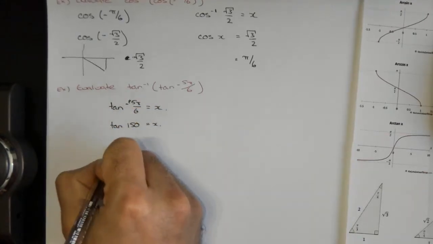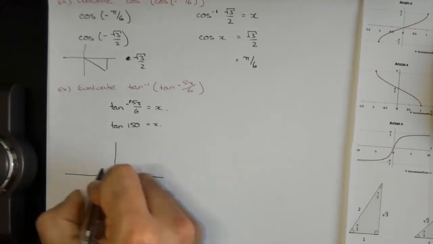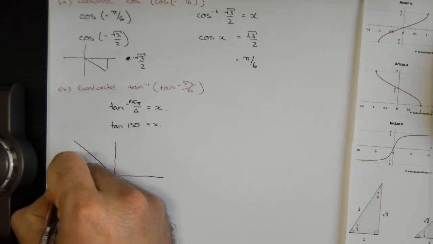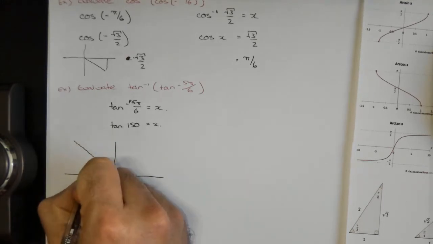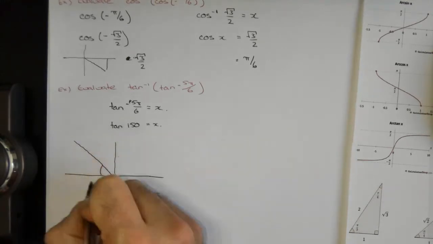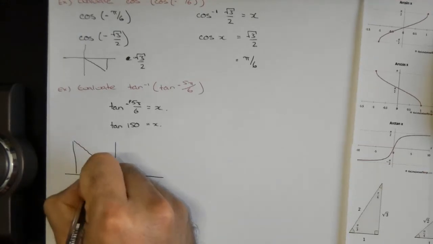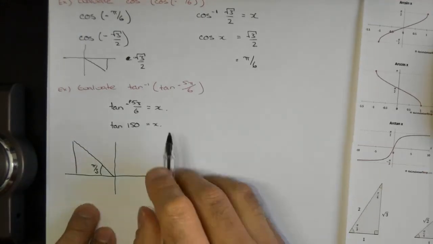So if I was to draw it, 180 minus 150 is 30. So really looking at this part here, and 30 we know as being pi on 3.